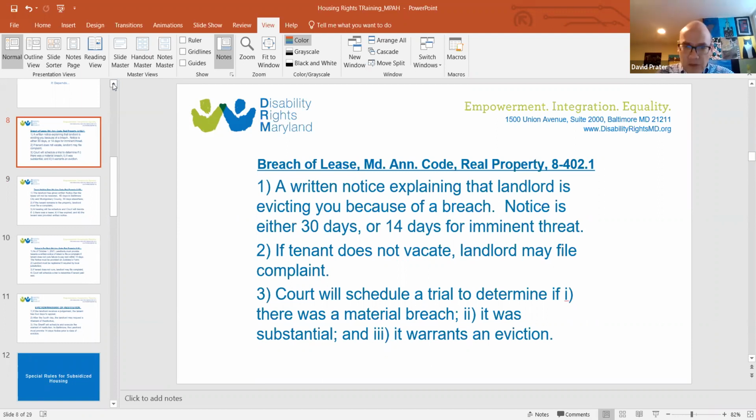Going back to my example of no potted plants on your balcony, it's not a material term, not really. It's more along the lines of a house rule. A material term may be something like, don't commit criminal activity on the property, or pay your rent on time, or only you can occupy the residence. Those are essential terms to a lease.